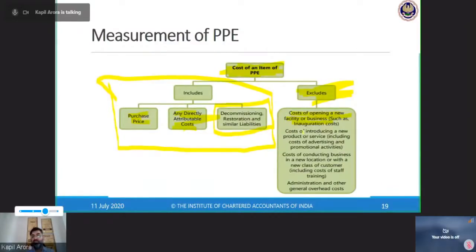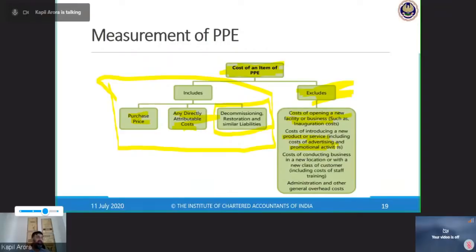Cost of introducing new product or services, like cost of advertisement or promotional expenses. Cost of promotions, cost of advertisement can never be added in the value of asset. Why? So for example, let's say again I have built a hotel.